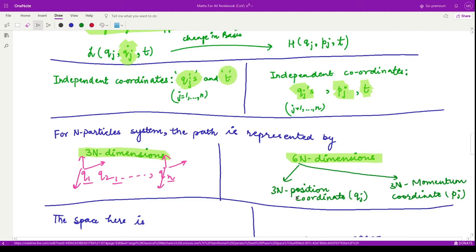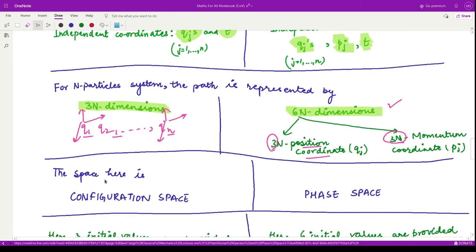In this case we have 3n position coordinates in 3 dimensions and 3n momentum coordinates in 3 dimensions, so overall 6n dimensions to represent this system. The space corresponding to the Lagrangian is known as configuration space, and we have already studied it, whereas the space corresponding to the Hamiltonian is the phase space. So this is the definition of phase space.